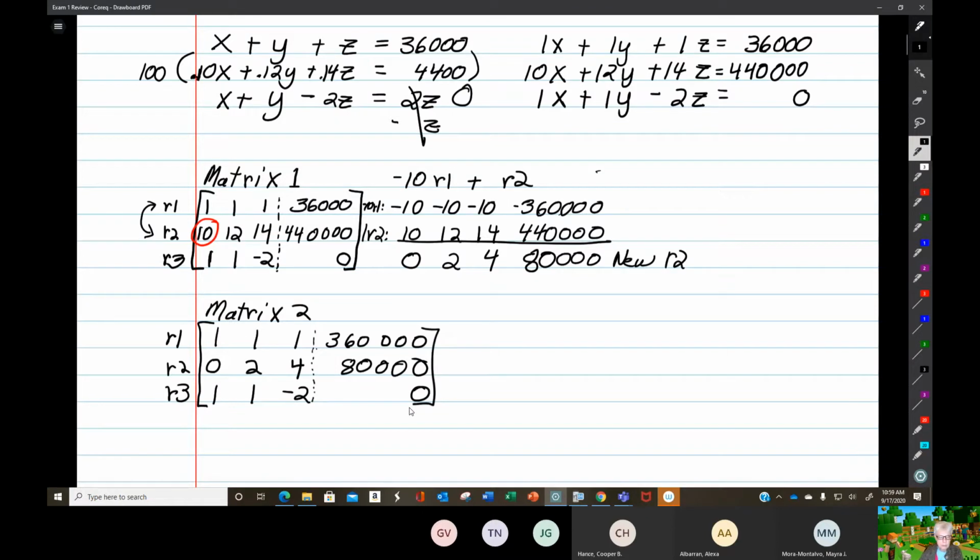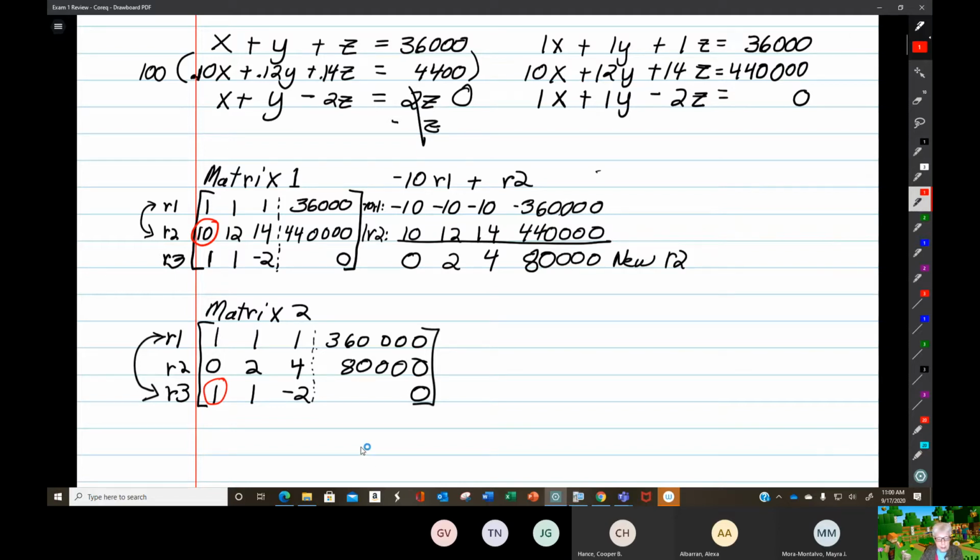Now, when it comes to matrix 2, you're going to be working with row 1 and row 3. And your goal is going to be to put a 0 in that position, the red position.